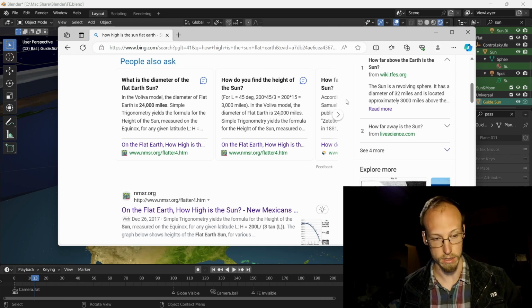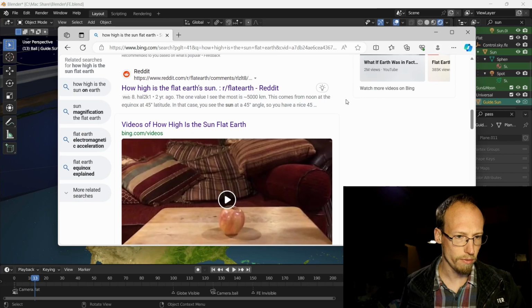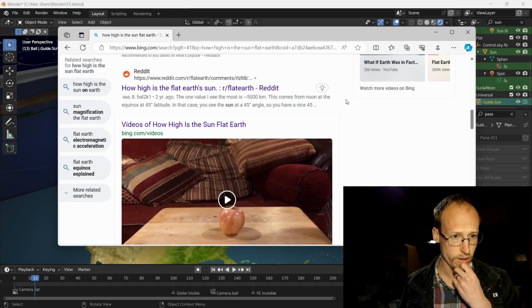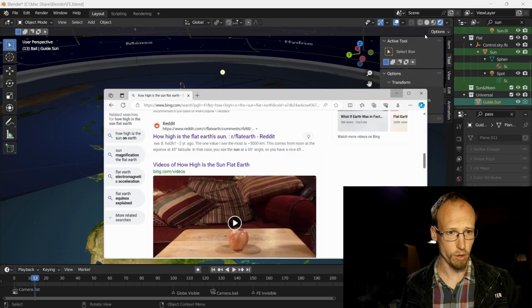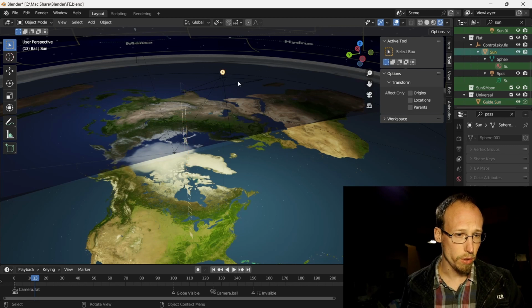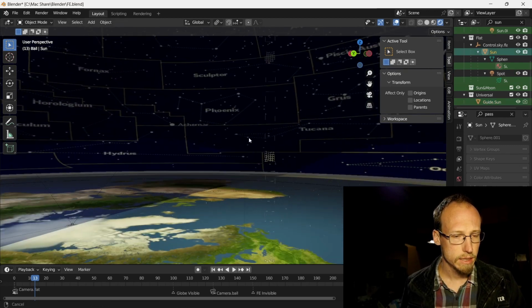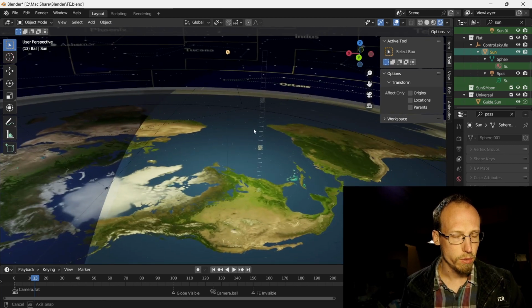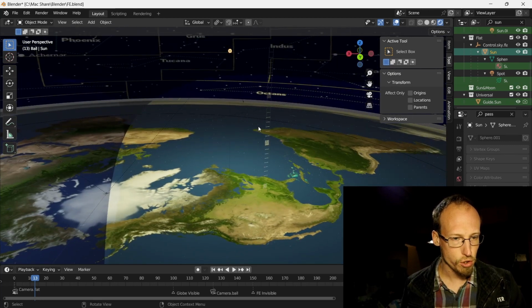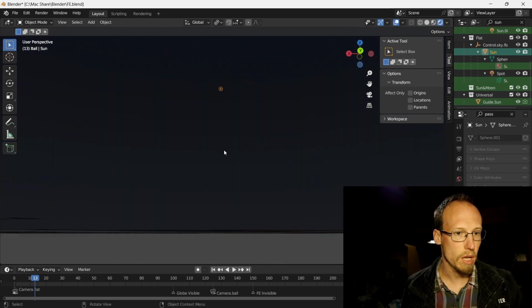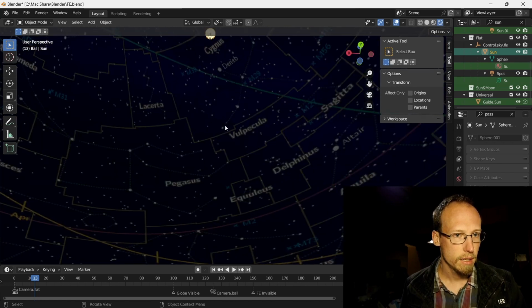Flat Earthers say this is people trying to mock Flat Earth. But of all of the models that I've found, it's not going to get any closer, because the closer that you get, you run into other issues, because there would be parallax. There would be more parallax between the sun and the sky.